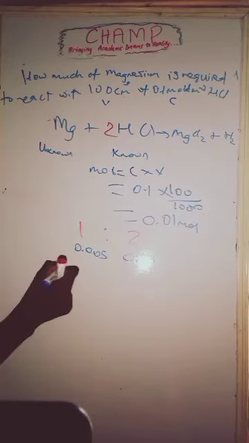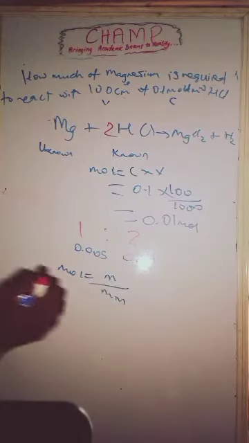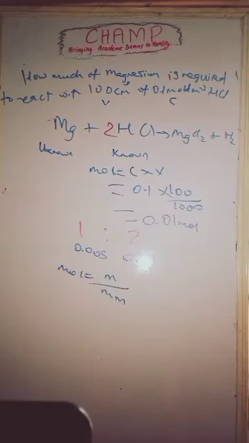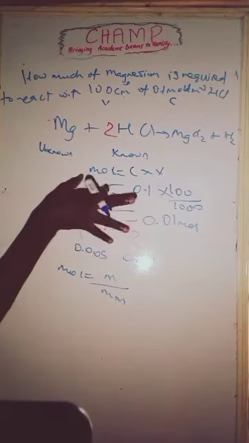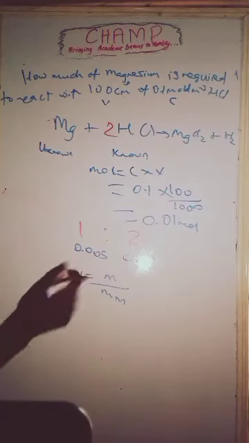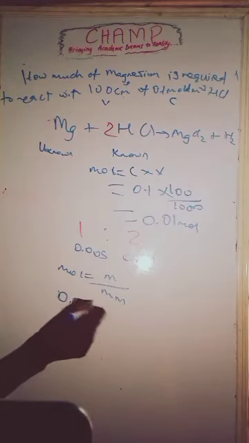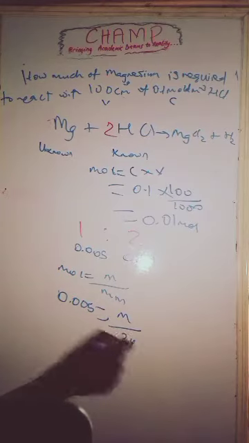Magnesium is 0.005 mole. So you say mole is equal to mass over molar mass, just following the principle of the second formula. I said find your known, find your unknown, find the mole of your known, find the mole of your unknown. So mole is 0.005, equal to the mass, that's what we are looking for, over the molar mass, 24.